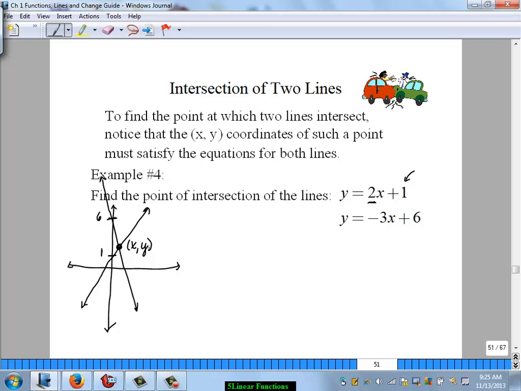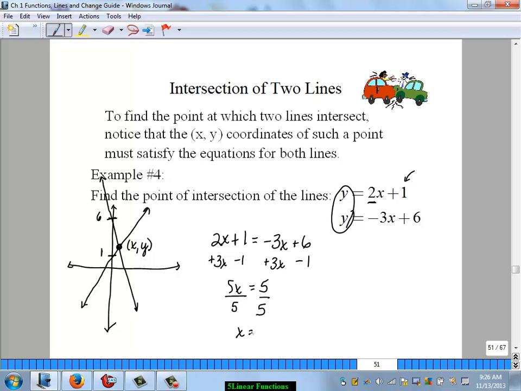First thing you want to do is put them equal to each other. Since they both equal y, I can say 2x plus 1 equals negative 3x plus 6. And you're going to add 3x to both sides so that I can solve for x, and subtract 1. So I have 5x equals 5, and then divide by 5, x equals 1.